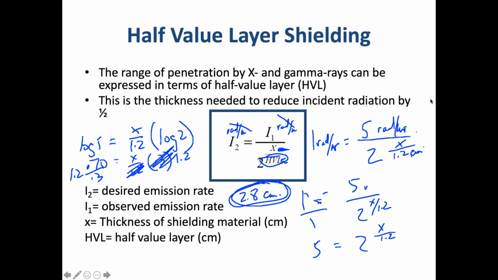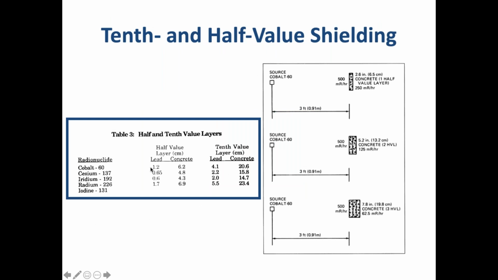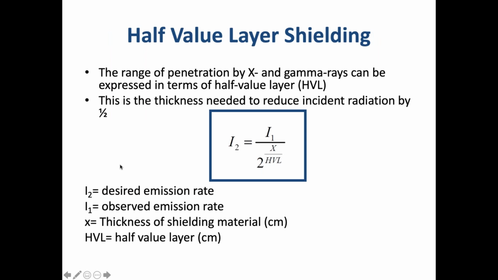So let's just analyze that in our heads to see if that makes sense. Let me first erase all this junk that's on here so we can look at it rationally. I'm going to go back to this table. Here, we got 1.2 centimeters of lead to cut down the amount of radiation in half. So now imagine this: I'm going to take 1.2 centimeters of lead and put it in the way. Then I'm going to take another 1.2 centimeters and put it in the way.